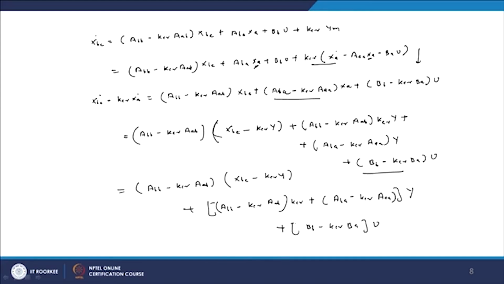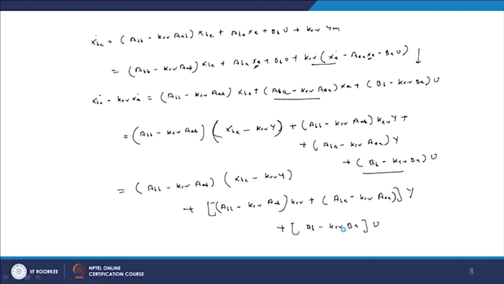After getting this, we come to this particular step. Now, we again simplify it. In order to simplify, we write this XB minus KER Y in terms of a new variable, that is XB minus K into Y, which we can write as XB minus K into XA.